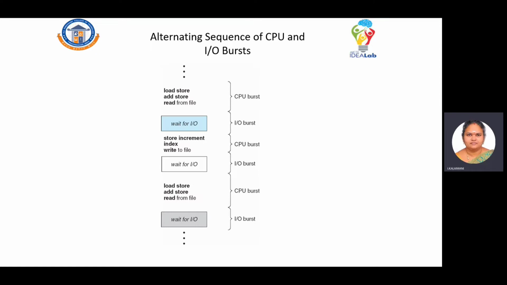When it is waiting for IO devices, it switches to an IO burst. And the next instructions, load, store, read from file: the CPU switches to a CPU burst, and while waiting for the IO devices, it is executed in an IO burst. This is an example of an alternating sequence of CPU and IO bursts.